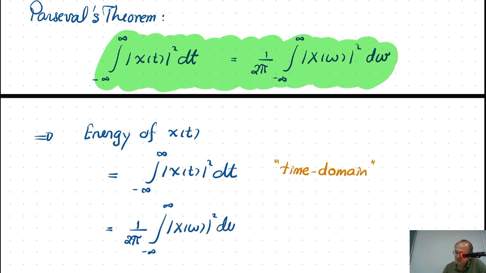So this is d omega, and this is the frequency domain approach. And they turn out to be equal. All right, so I'm going to leave it right here for today, and we're going to resume on Thursday.